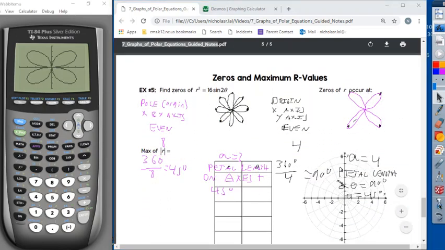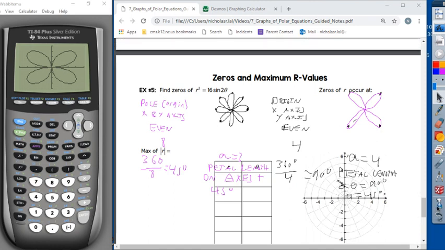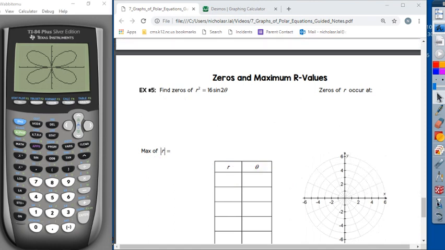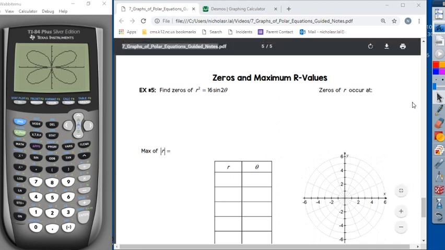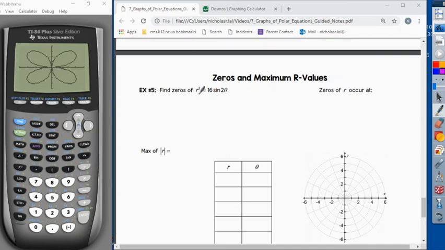Zeros and maximum R values. So example 5 is just finding the zeros of some polar graphs. R squared is equal to 16 times the sine of 2 theta.